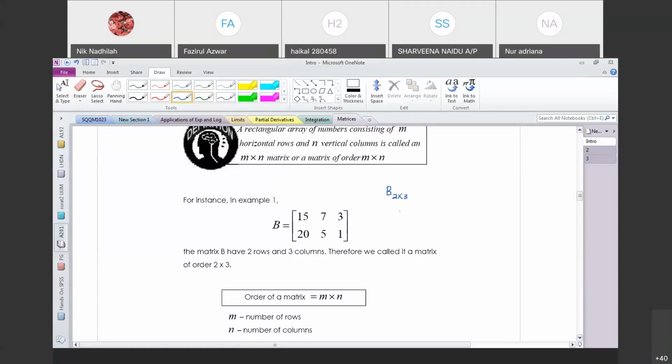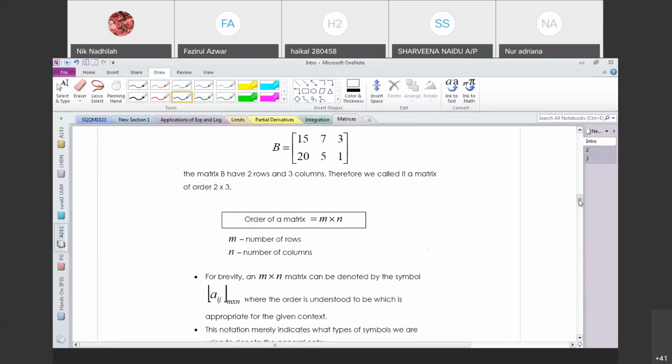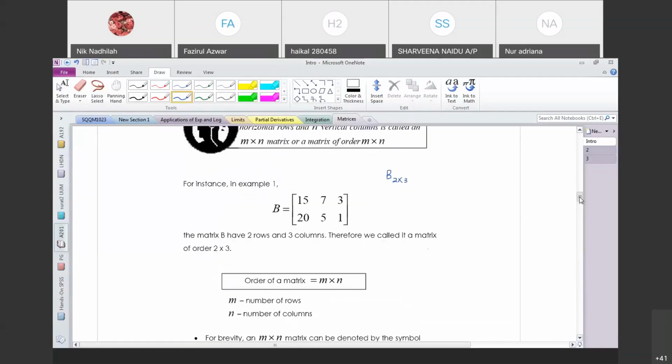That's how you read the order of a matrix. It's very important for you to know that you must mention the number of rows first, followed by the number of columns.